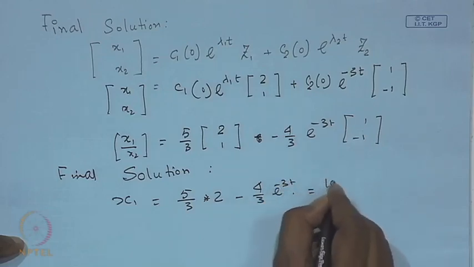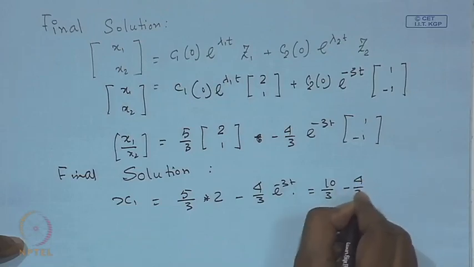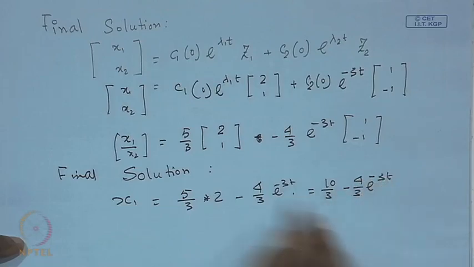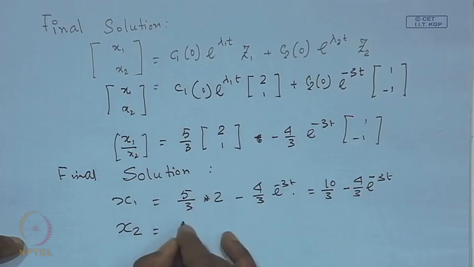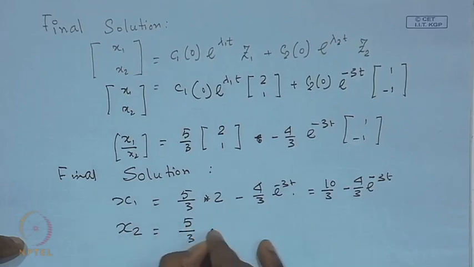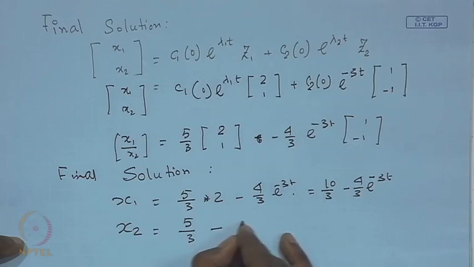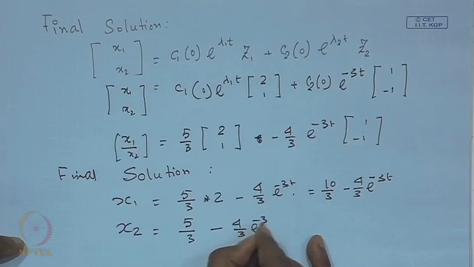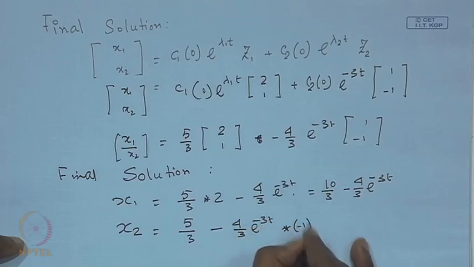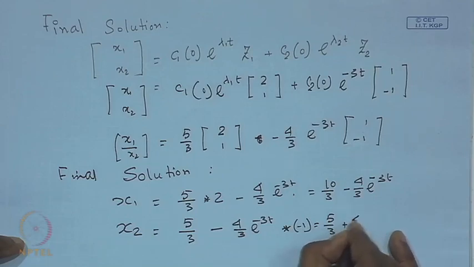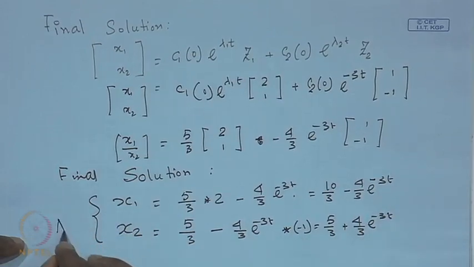So this becomes 10 by 3 minus 4 by 3 e to the power minus 3 t, and x2 becomes 5 by 3 into 1 minus 4 by 3 e to the power minus 3 t multiplied by minus 1. So it will be 5 by 3 plus 4 by 3 e to the power minus 3 t. That is the final solution of the problem we are looking into.